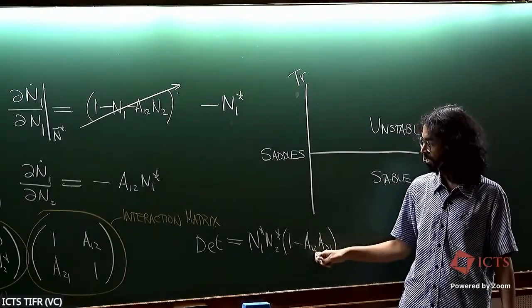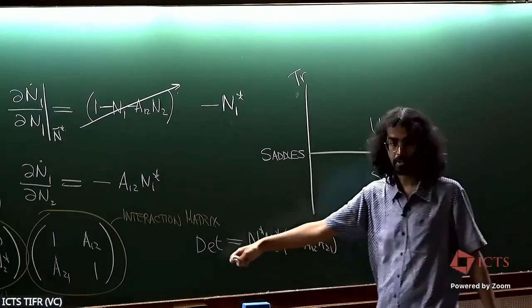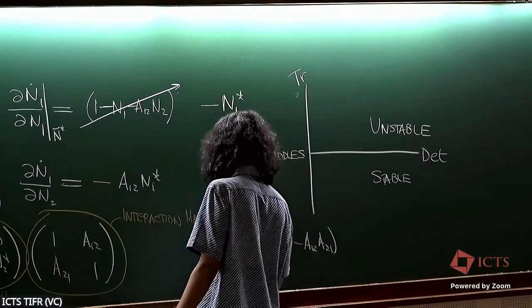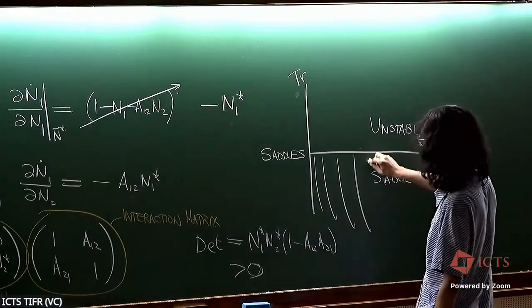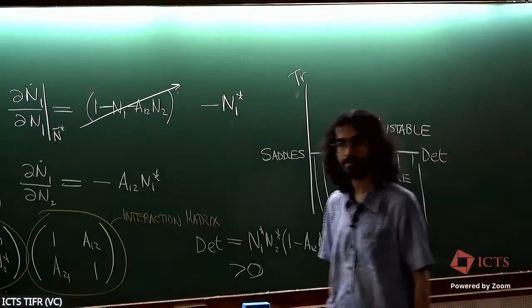So 1 minus something less than 1 is positive, n1 star is positive, n2 star is positive, so the determinant is positive. And so this is where we are: negative trace, positive determinant, and so we're stable.